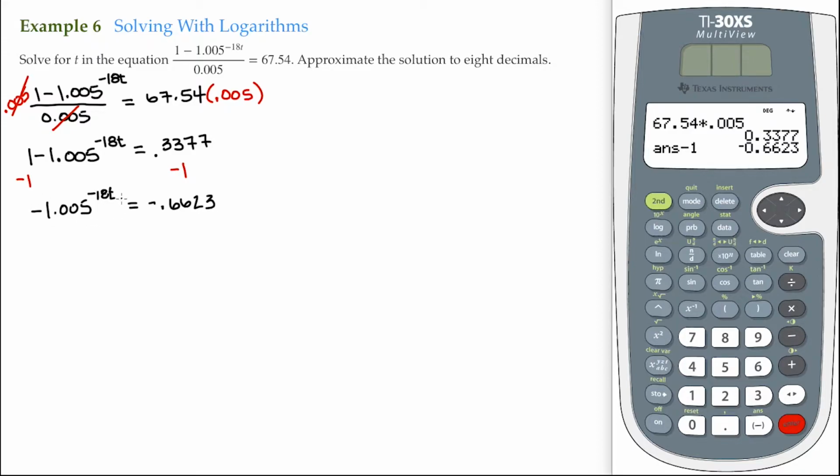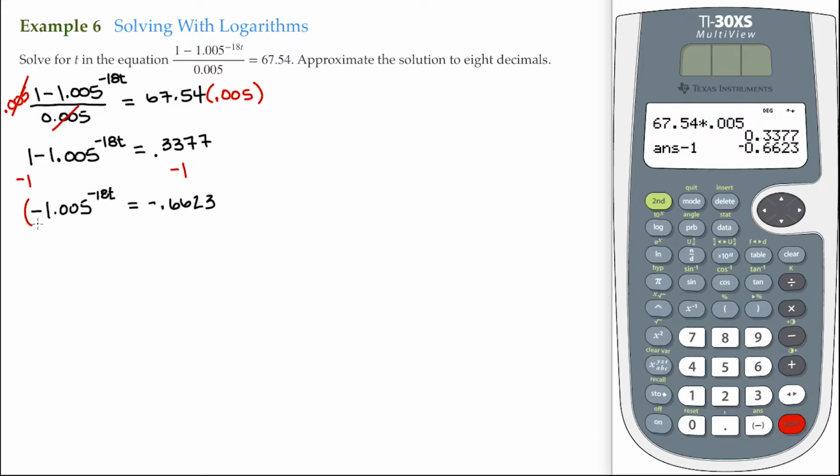Now that I have my term with the variable isolated, I can introduce logarithms. However, you have to be very, very careful at this point. You cannot take the logarithm of a negative value. See it here? So we can't do that. But since both sides have a negative, we can factor that negative out.